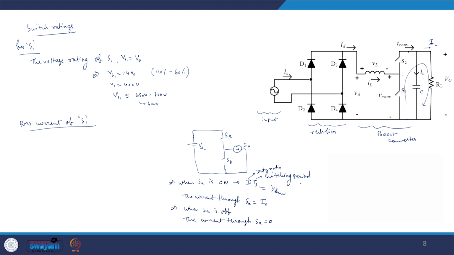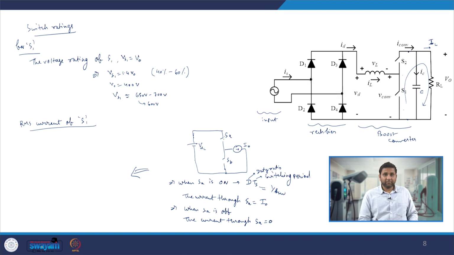So let us try to find the RMS current rating of this SA switch.